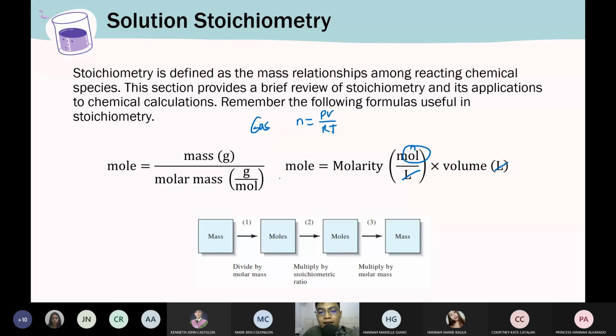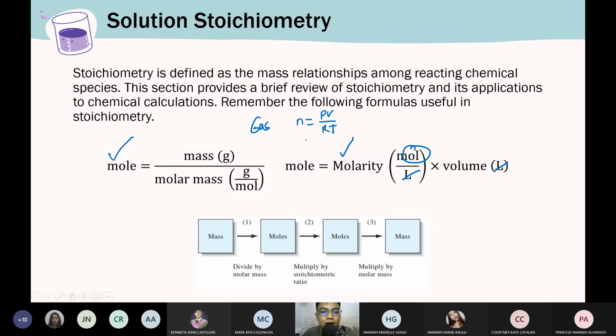Kailangan po ba molarity talaga? Yes. Okay, so kailangan molarity ang units natin kapag solution stoichiometry. Okay? So kung mass yung binigay, edi mas madali, you can use this. Pero kapag molarity yung binigay, use this.